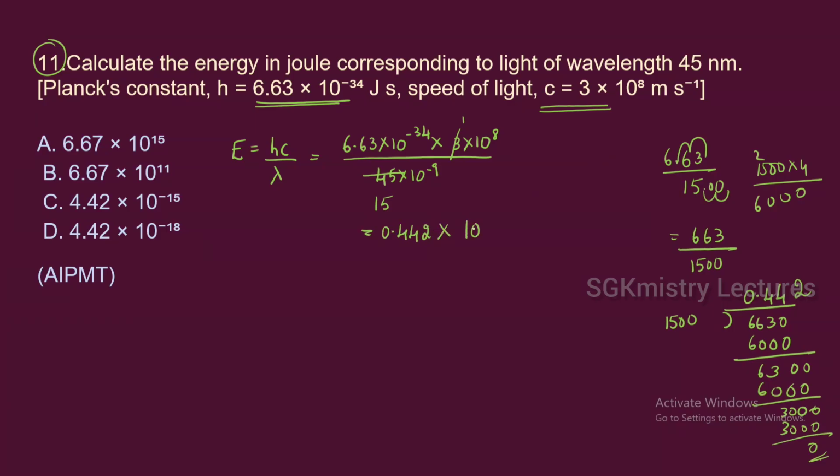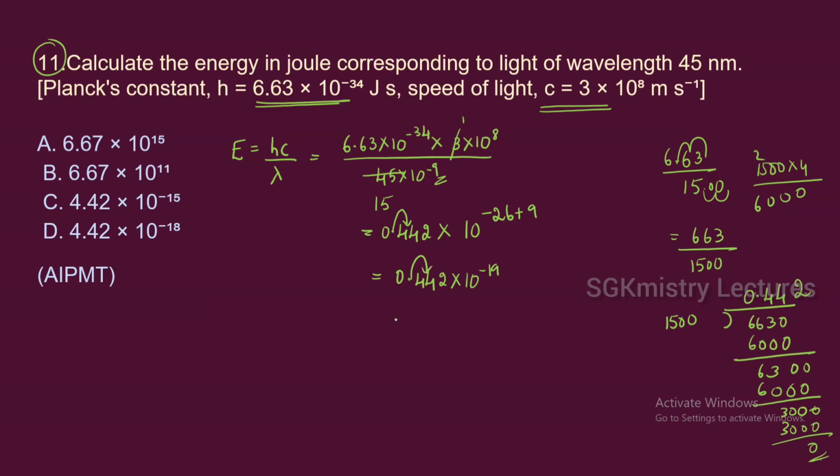Now -34 is there, 8 is there. That gives you -26, right? Now if I take this -9 above, so here -26 plus 9, you get -19. So now this is 0.442 into 10 to the power of -19.